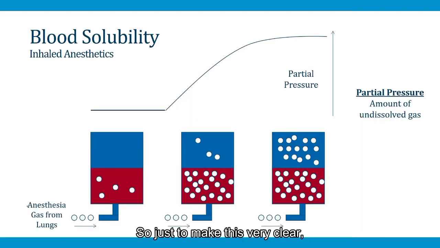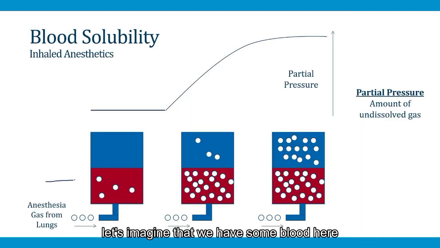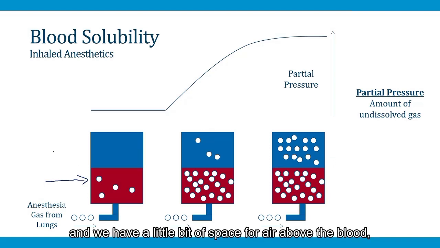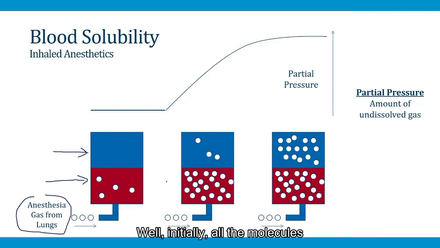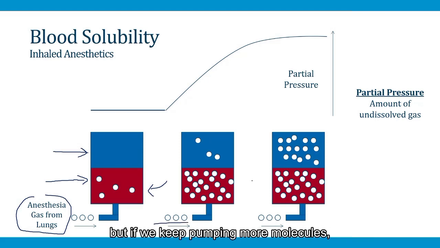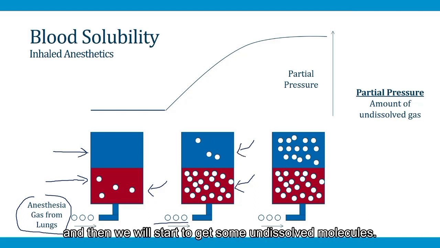So just to make this very clear, let's imagine that we have some blood here and we have a little bit of space for air above the blood, and we begin introducing anesthesia gas molecules from the lungs. Well, initially all the molecules are going to be soaked up by the blood, but if we keep pumping more molecules, the blood will eventually become saturated, and then we will start to get some undissolved molecules.